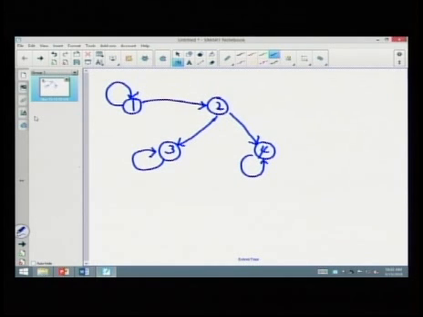Okay, so now let's see which of them are transient and recurrent and absorbing.